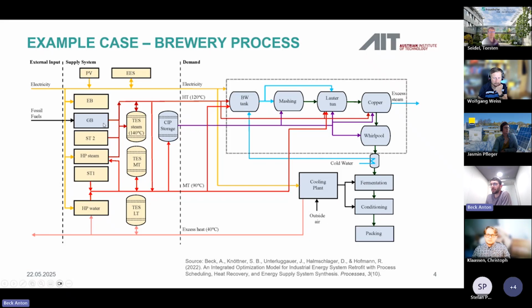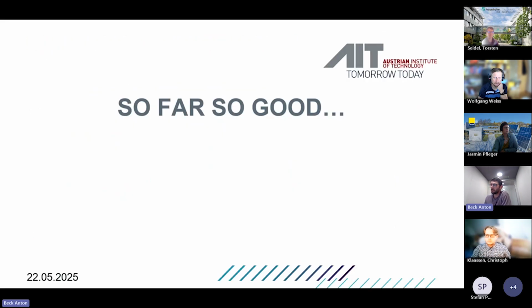So classical equipment here would be some natural gas-fired boilers, storage systems, but also renewable systems will be modeled on this layer. And on the demand side, we can go to any level of detail from a basic demand profile, so time series that we need to fulfill, to the actual equipments and the interactions they have.